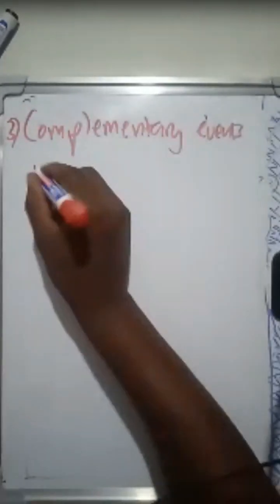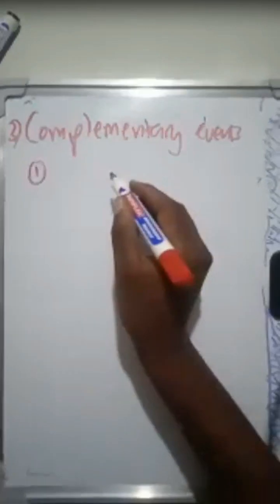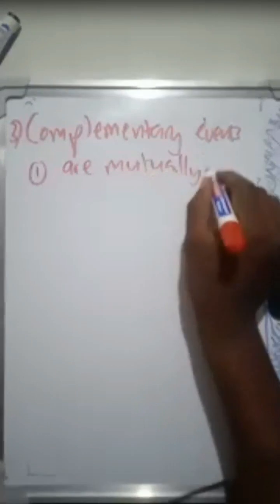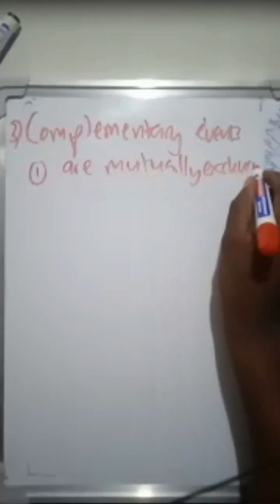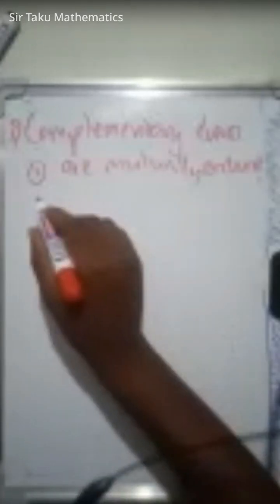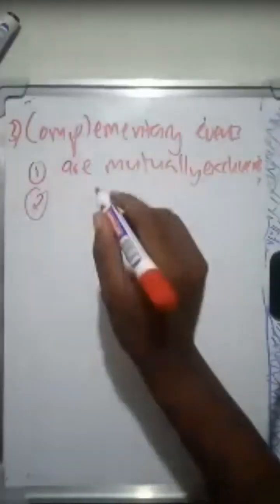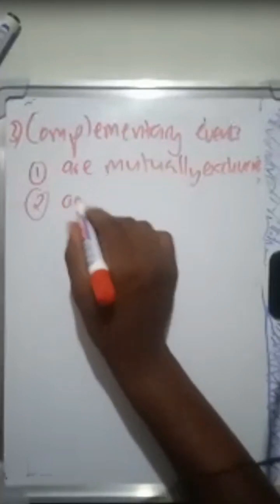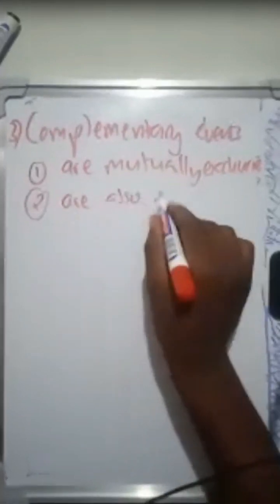The first one, number 1, complementary events are mutually exclusive, meaning to say, they do not have any common elements and they also don't have any intersection. Okay? And 2, complementary events have to be exhaustive. They are also exhaustive.